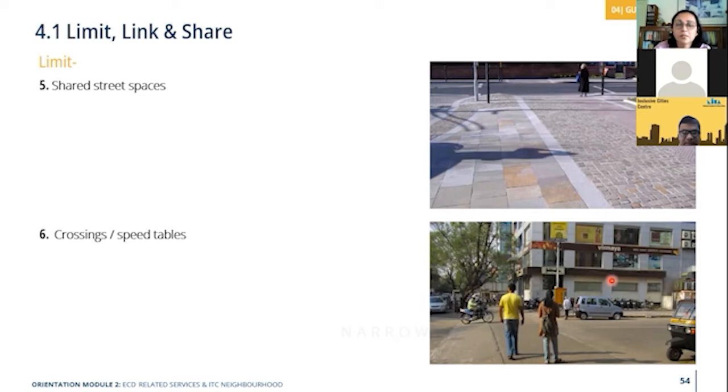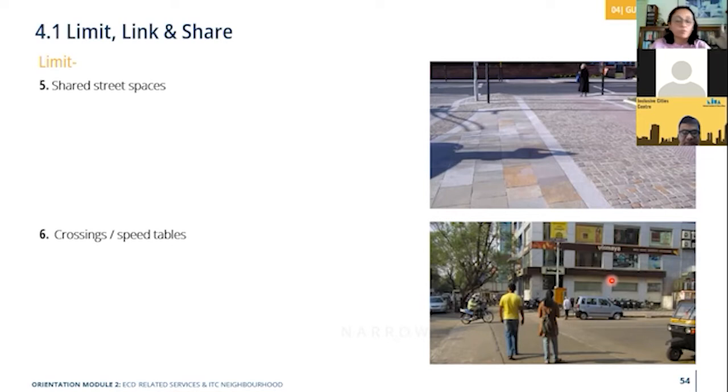Shared street space is increasingly becoming popular everywhere in the world, because we know that removing vehicles completely is not possible. In many places there are pregnant women who are walking, there are small children who can't walk a larger distance, but they need to arrive there. Older people, differently abled, specially abled people.